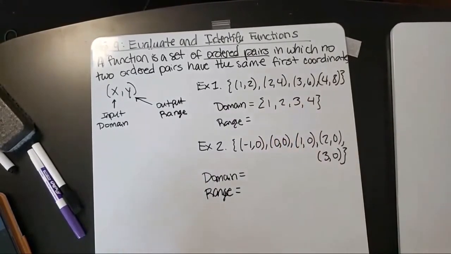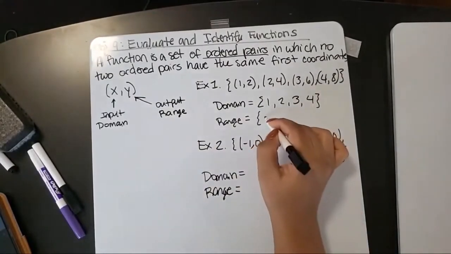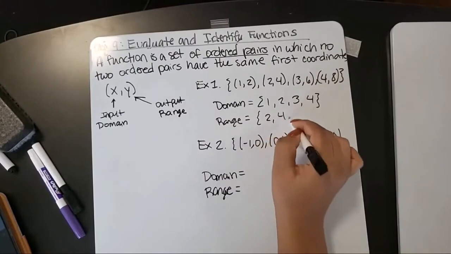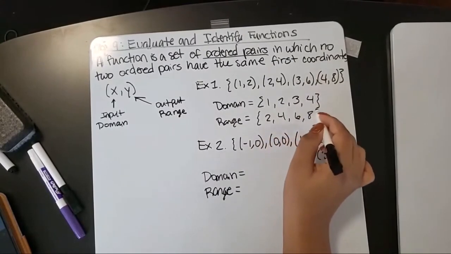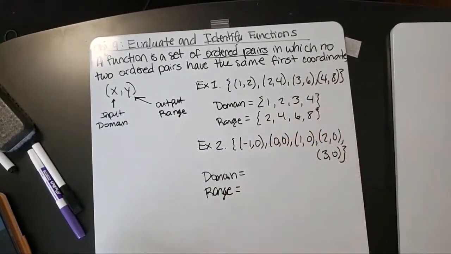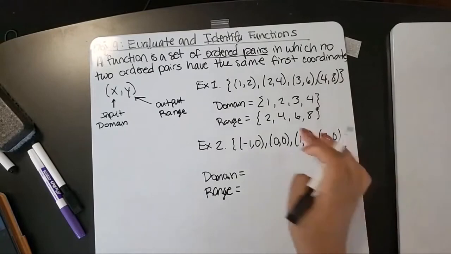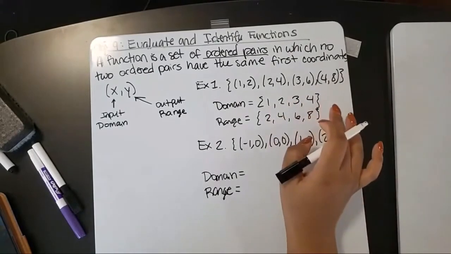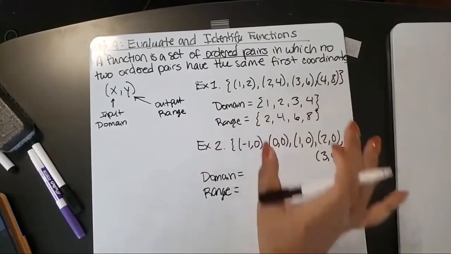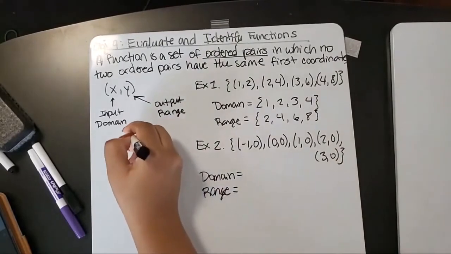Does that make sense how that works? And the range is 2, 4, 6, and 8. When you are putting these numbers in the set, you want to make sure you put them in order from least to greatest, and you want to make sure you have your set brackets.